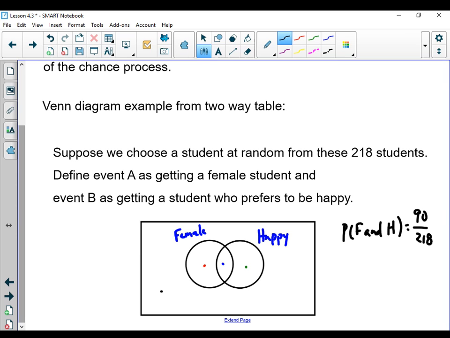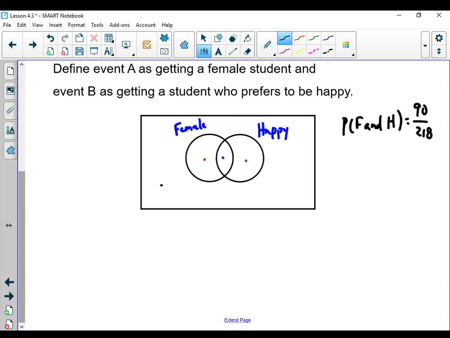All right, the next thing we'll look at is the red area that I marked. So I'm going to look at the probability of female and not happy.